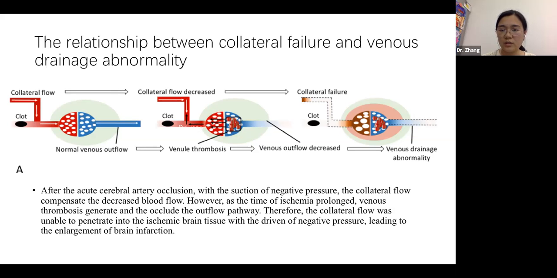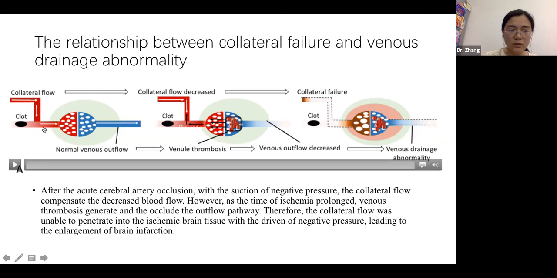So if there is a stagnation of cerebral veins, it can also affect the supply of collateral flow. So from this image, you can see that there is a clot here. It occluded the cerebral vessels.